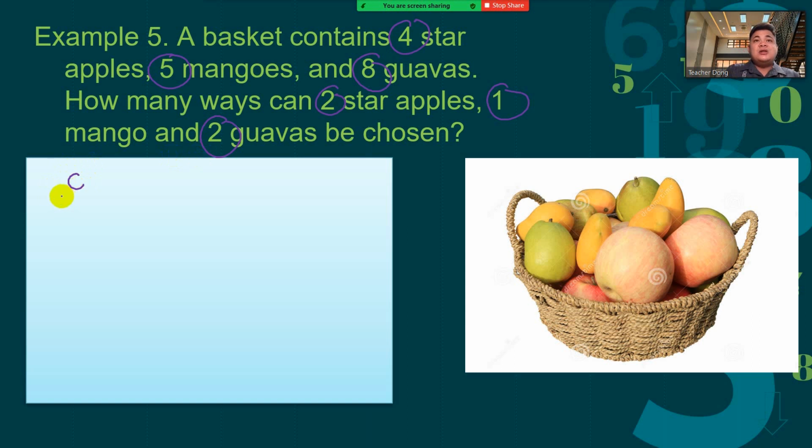So combination of 4 star apples taken 2 at a time, times combination of 5 mangoes taken 1 at a time, times combination of 8 guavas taken 2 at a time. So just simplify them and multiply them. Alright, so for example number 5, you will be getting 840 ways to arrange these 3 fruits or combinations.